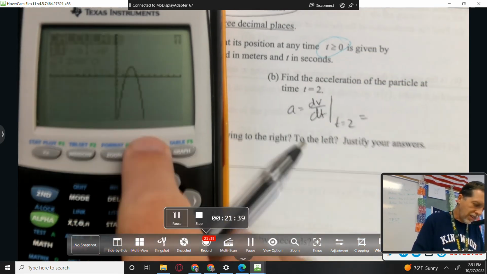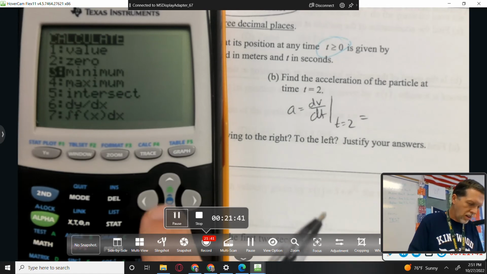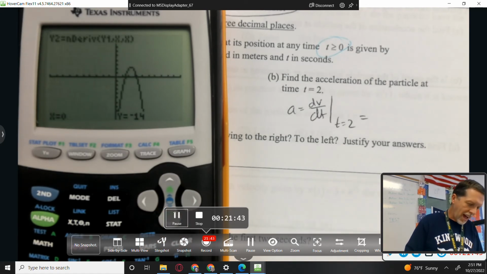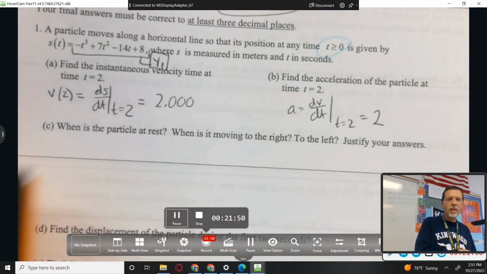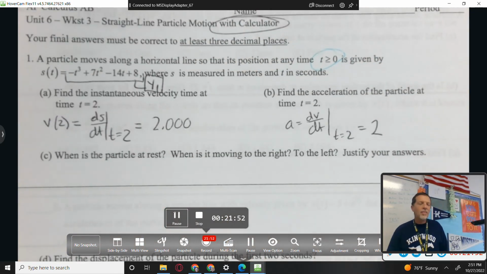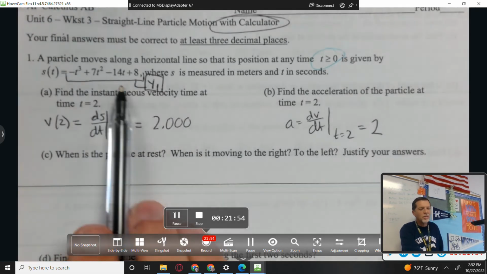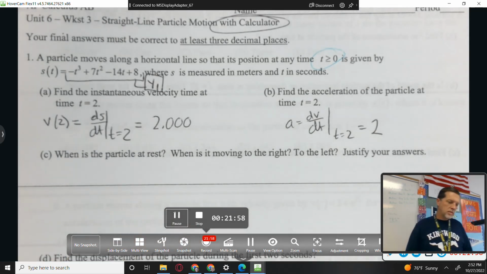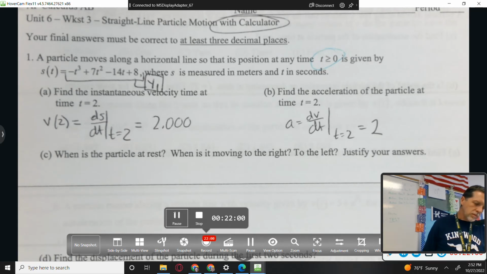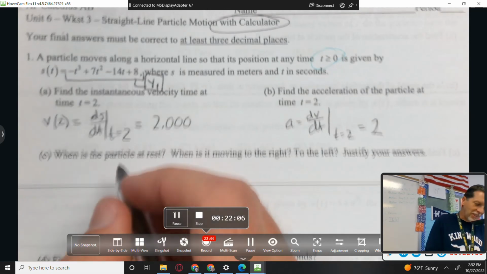And then second calc. Now I want the derivative of that at 2, which is 2. Now, since this one was a polynomial, it might have been easier just to do it by hand. I'll help you in a minute, or grab a calculator that you don't have to do that on.